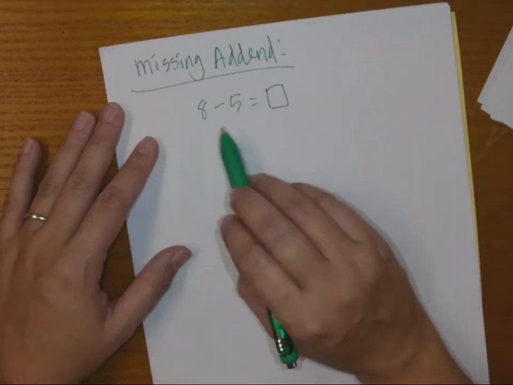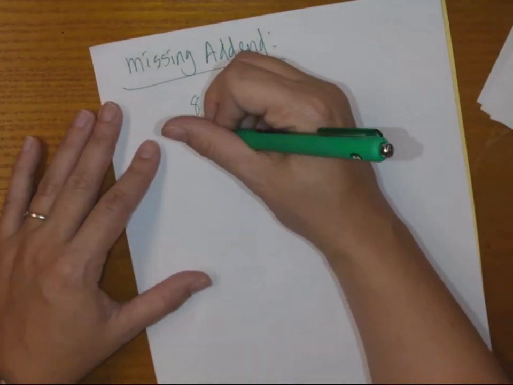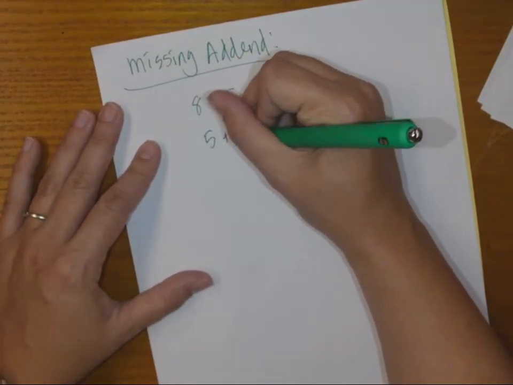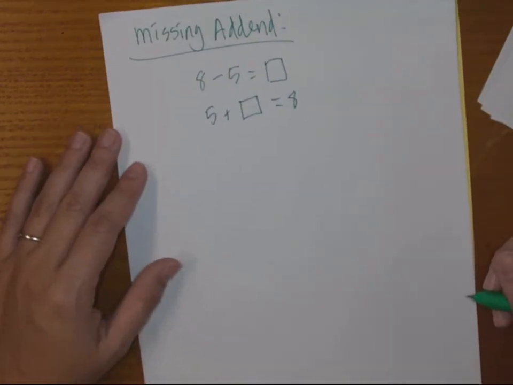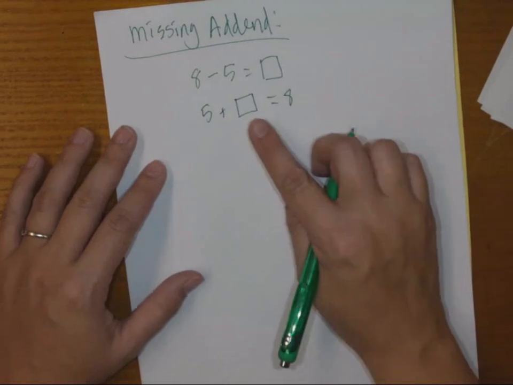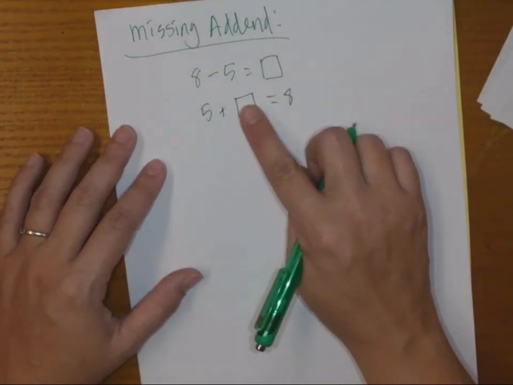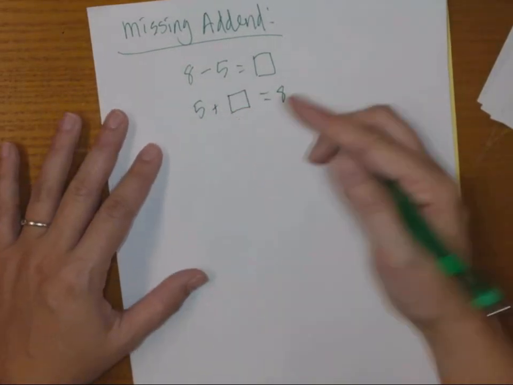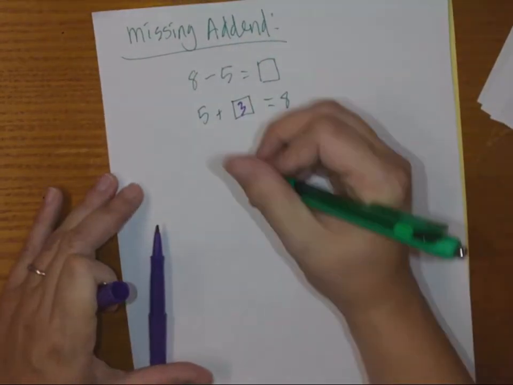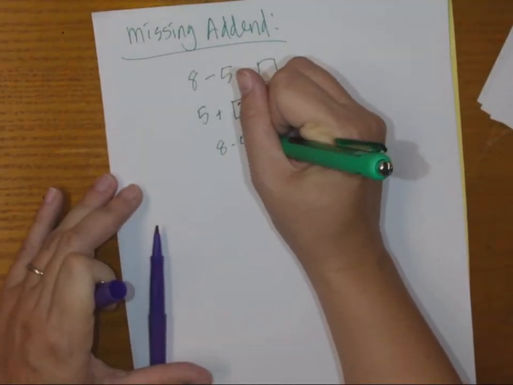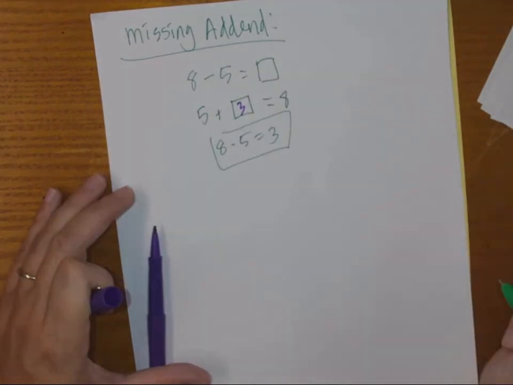Instead of thinking what is 8 take away 5, I could think what is 5 plus what equals 8. So basically I'm trying to figure out what goes in the blank here. So we know 5 plus 3 equals 8. So that tells me that 8 minus 5 equals 3.